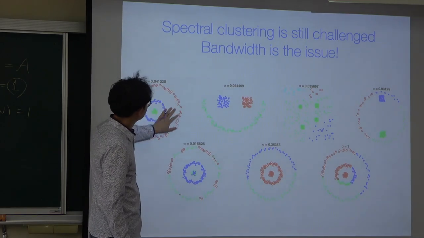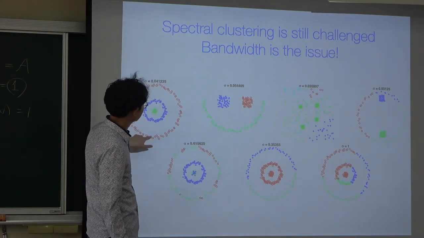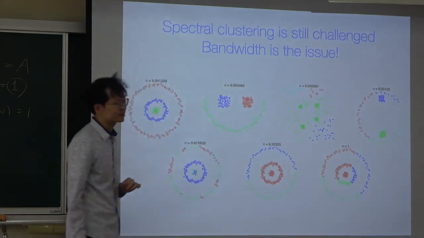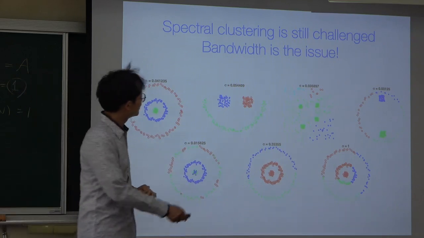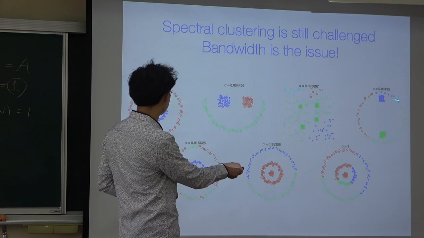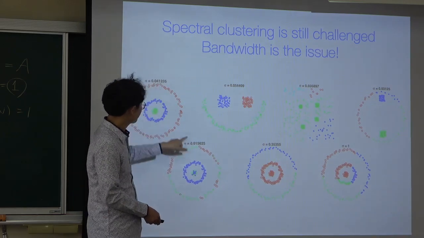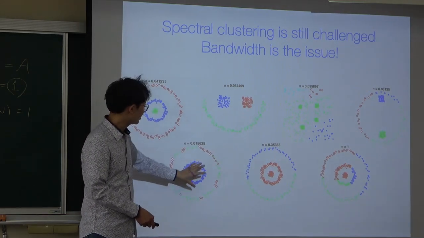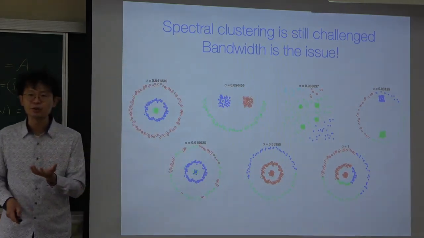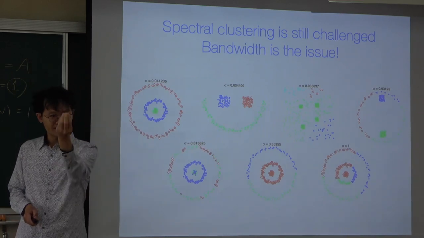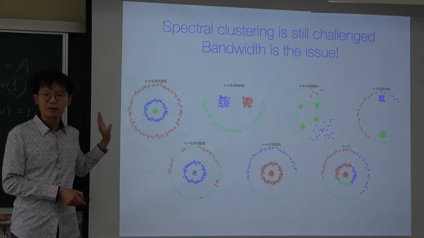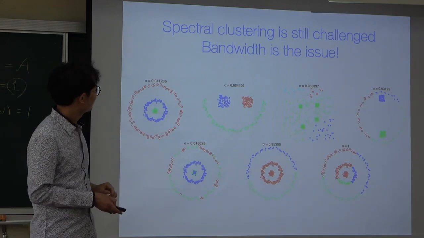For example, here 3 clusters, quite nice. Here 3 clusters, quite nice. But it still has some limitations. For example, in this example, 3 clusters, but it fails. And here, if you choose the bandwidth in the wrong way, then it also fails. Although our eyes are very good, we can see the intrinsic geometry immediately, the spectral clustering cannot.